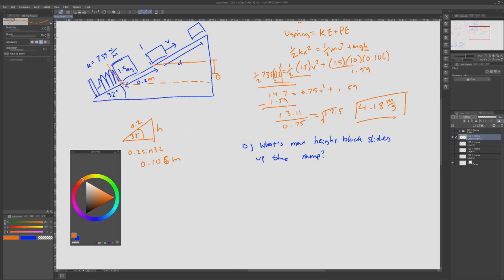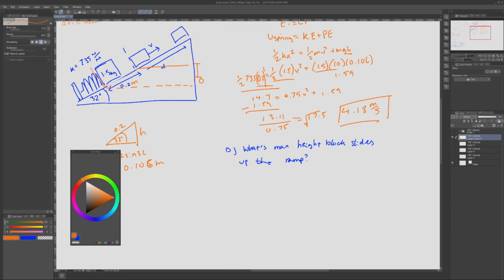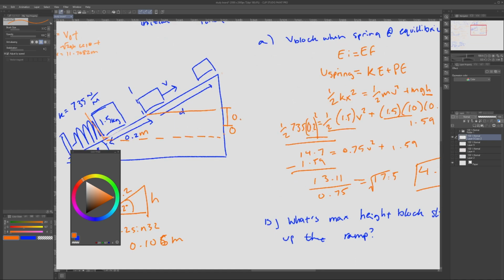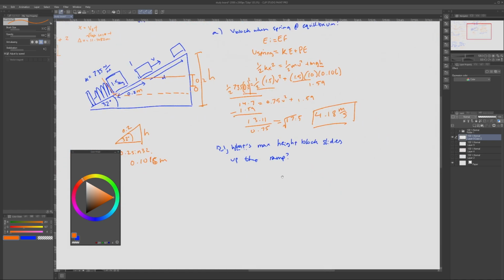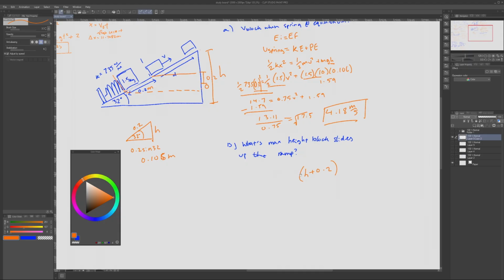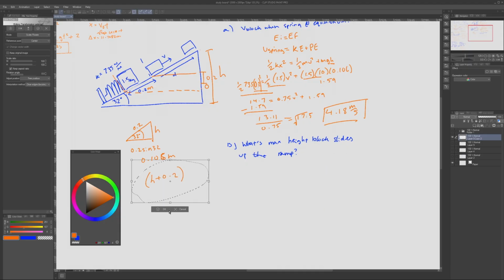So what's the max height the block slides up the ramp? Because we already know what this is, we're looking for this entire thing. So right off the bat, we're just going to put plus 0.2 here. H plus 0.2. Just write that off to the side.